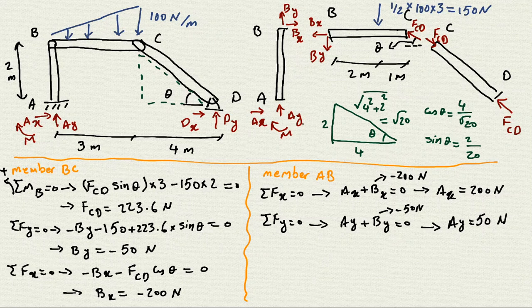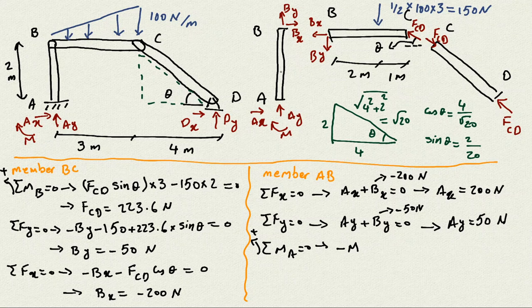And then to get the M, we can write the moment equation about point A is 0, and we consider counterclockwise as positive. If you look at here, the M is rotating clockwise, so it's going to be negative M. And then AX and AY both go through point A, so they don't produce any moment.